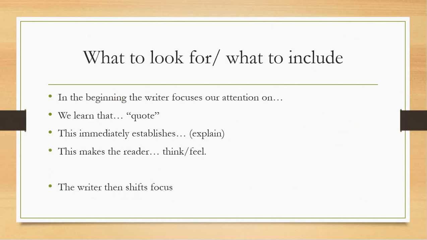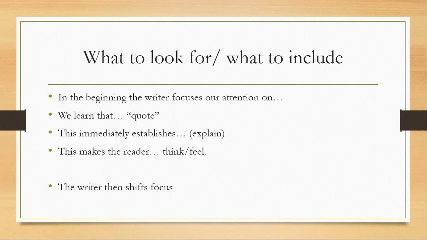Now, if we're answering a question, we can follow these bullet point steps. You will see in a second how I've used these in my sample answer. In the beginning, the writer focuses our attention on. What does he focus our attention on? Character, setting, weather, location, time. We learn that, include a quote.